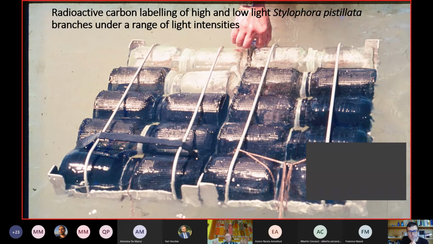We leave it in the water for so many hours, then we filter it and we look at how much carbon-14 was absorbed at each light intensity, and from that we can create a profile as we saw.